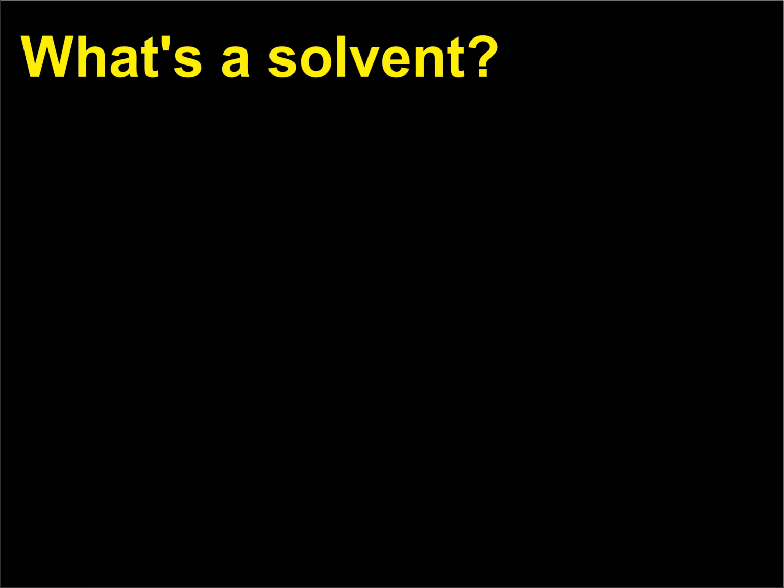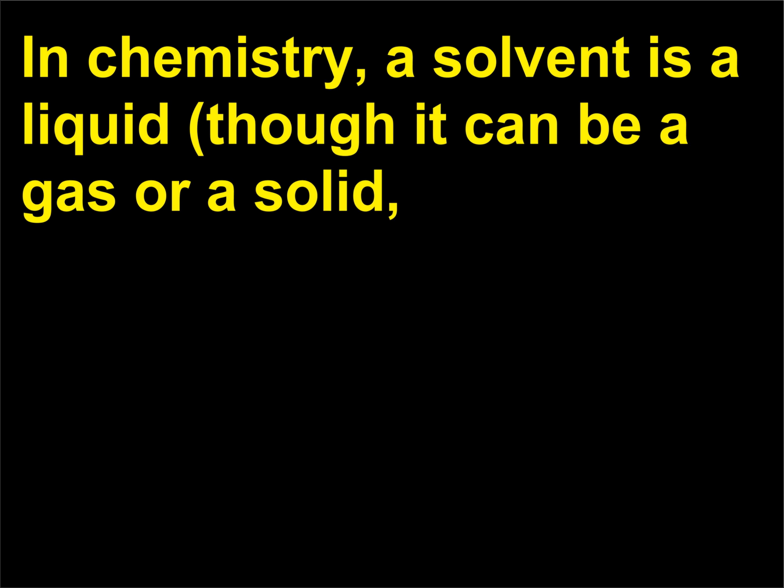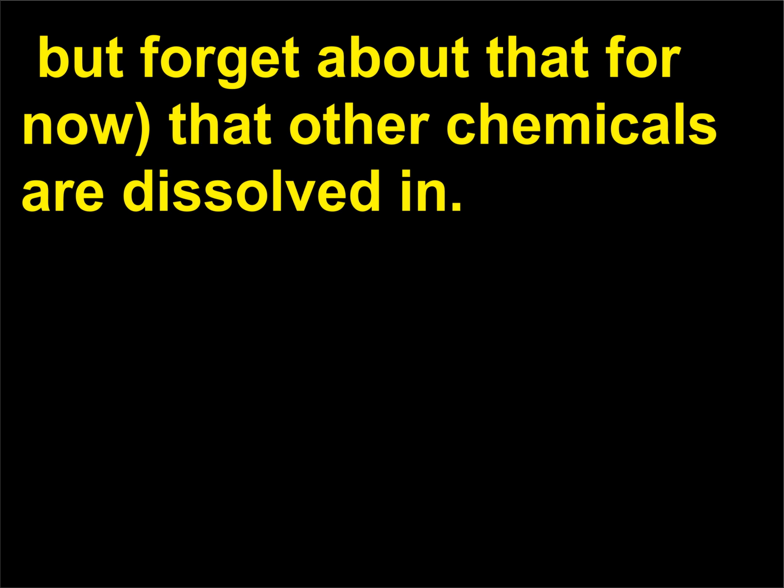What's a solvent? In chemistry, a solvent is a liquid, though it can be a gas or a solid, but forget about that for now, that other chemicals are dissolved in.